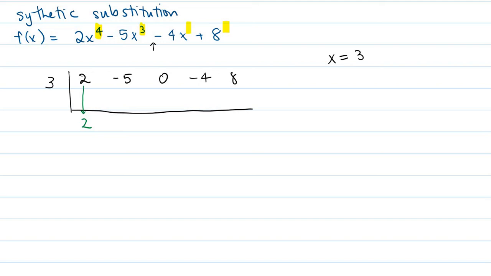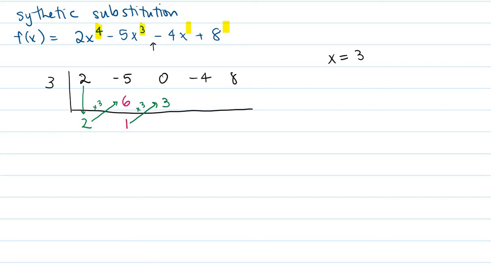So we're going to multiply 2 by 3, and the result will go back inside the box. So here we will put 6. Now we add down. So negative 5 plus 6 equals 1. 1 is outside the box, so we multiply it by 3 and put it back inside the box, and then we add down.